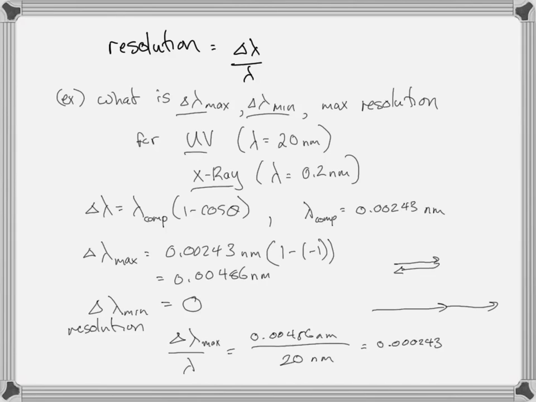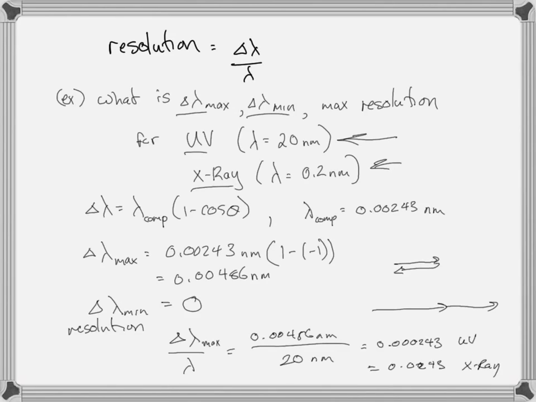As opposed to, for the X-ray light, it's an extra factor of 100. If you just look at these two wavelengths, one is 100 times smaller than the other, so that increases the ratio. I won't bother plugging in the number because it's obviously 100 times that, 0.0243 for X-rays.